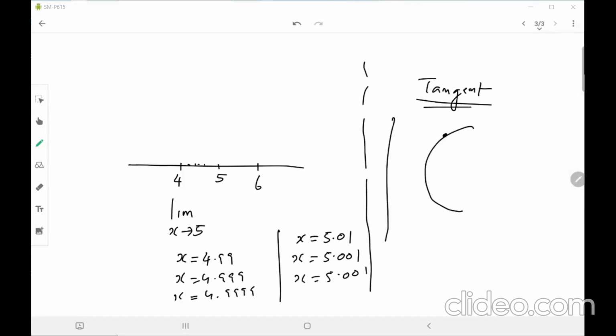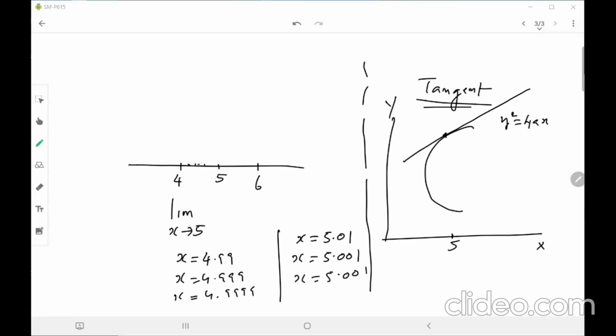Suppose this is the x value and this is the y value, and the corresponding value here is 5. I want to find the tangent of this parabola at x equal to 5.